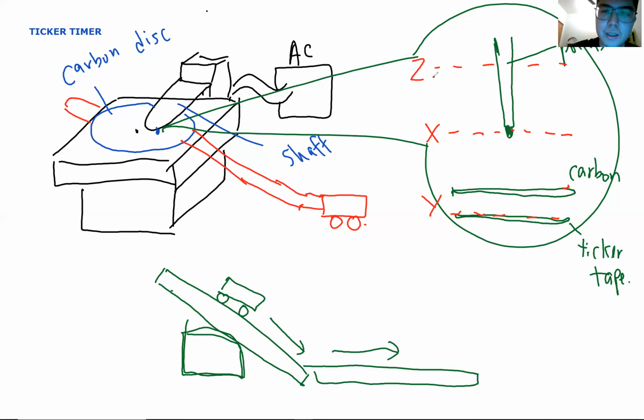Okay, when you turn on the ticker timer, 当你打开的时候, when you press on, what happens is that this pointer will start to vibrate. Okay, it will go up and down very fast. Okay, what happens is first it will go down. Okay, look at my blue arrow. From x-axis, initially it is at x, right?